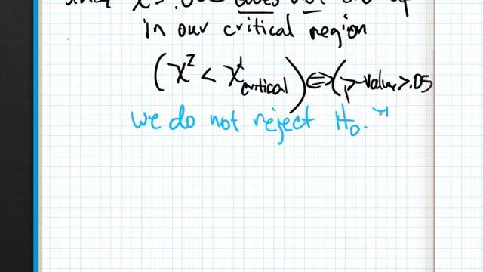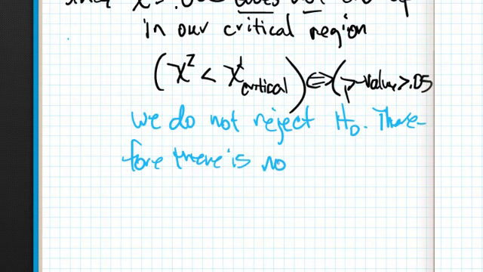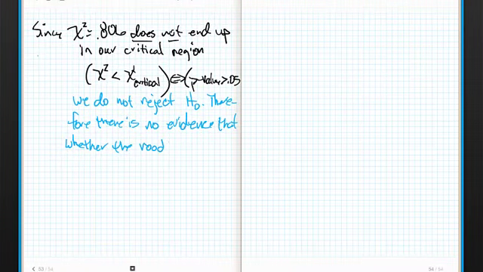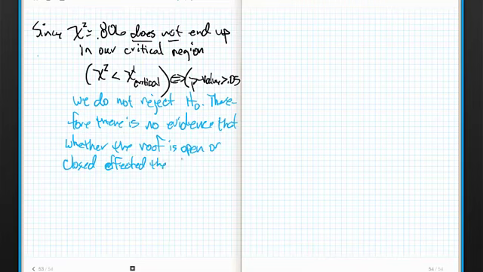Therefore, there is no evidence that whether the roof is open or closed affected the win-loss status of the Astros.